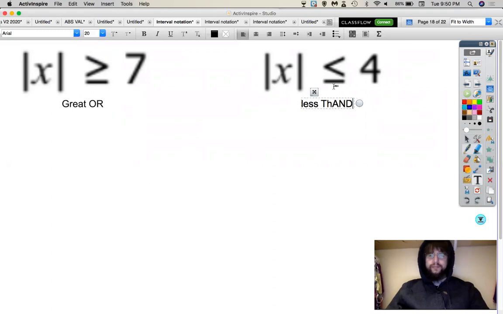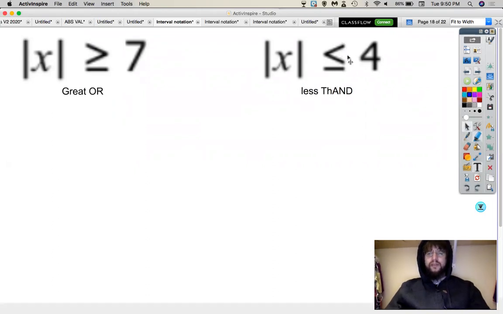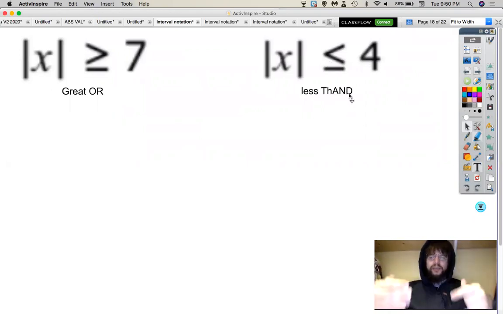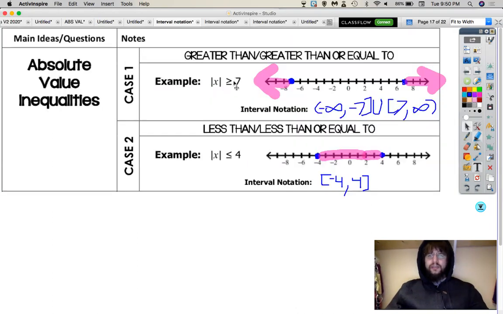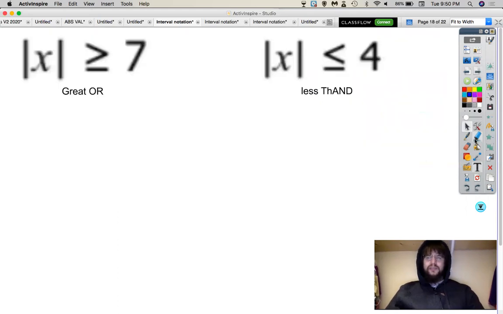Whenever we have this symbol, less than or less than or equal to, either one, it's going to create an and, a sandwich. We're going to have something that looks like this. So the inequality symbol tells us what kind of answer we should have with these absolute values. This is going to look something like this, and this is going to look something like that.